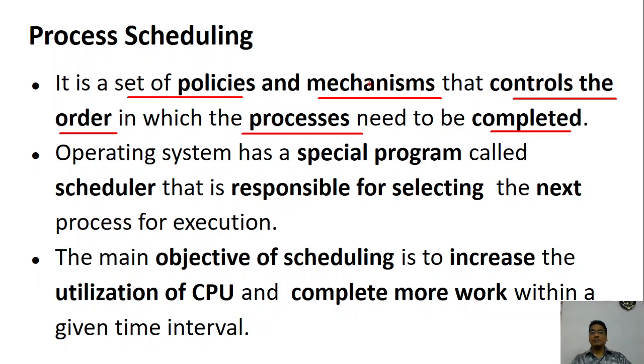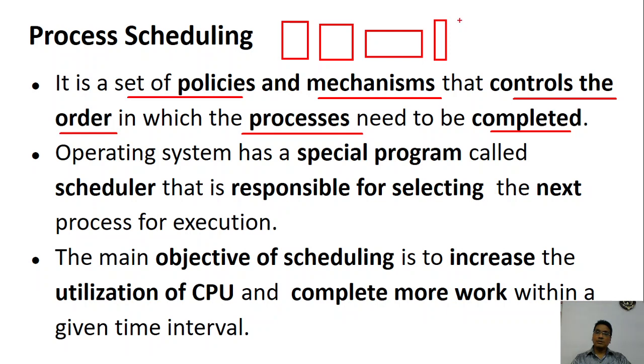So we know that in an operating system at any instance of time there will be a number of processes. Some of the processes may take longer time, some may take shorter time, and some of them may require a lot of resources, and so on. So which among them has to be selected first, which one has to be selected next, and which will come after that? This is nothing but scheduling.